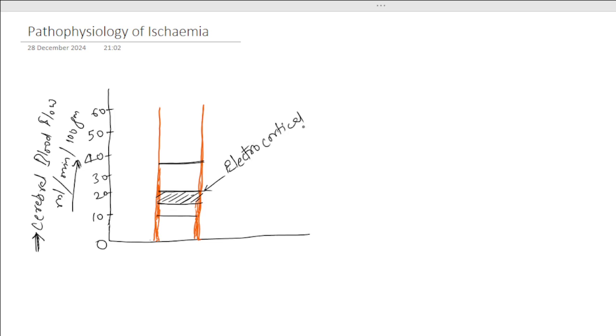If it is at 20, electrocortical functions are affected. What is happening when it is at 15? Around 15, there is electrical failure in that particular part. When it is at 10, what is happening?